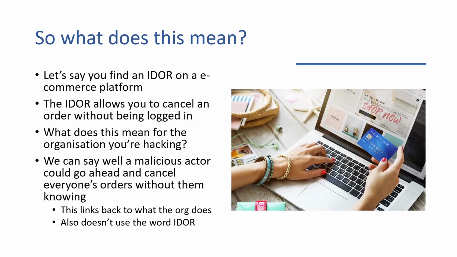To us, that's going to be just changing an ID from 332 to 331. But what does that actually mean for the organization you're hacking? We can say, well, a malicious actor could go ahead and cancel everyone's orders without them knowing. Linking back to what the organization does, doesn't necessarily use the word IDOR, and really puts the bug you've found into the context of impact.